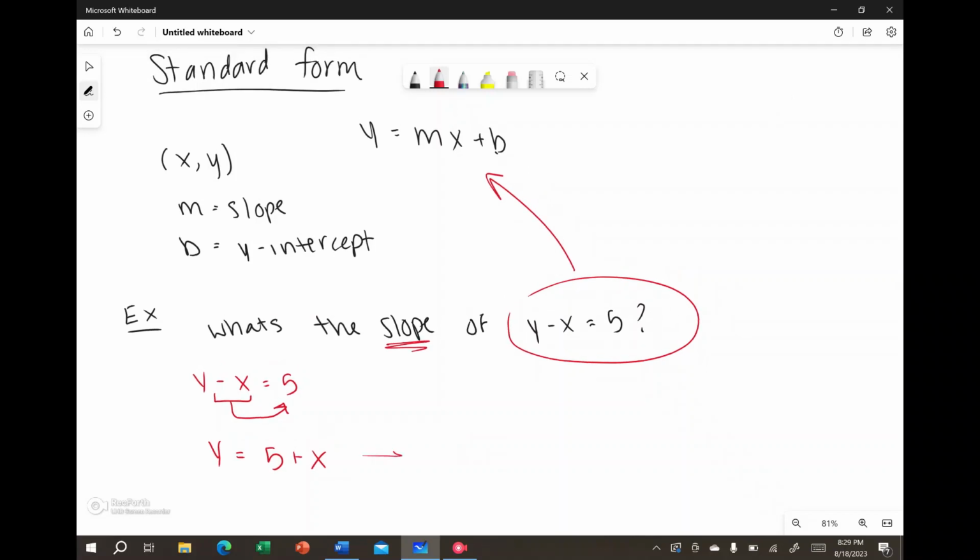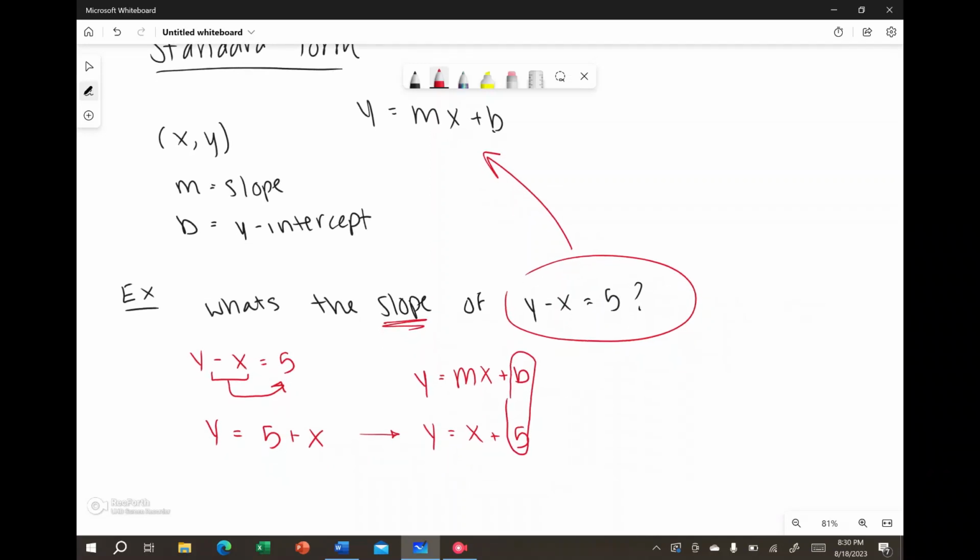Now we just need to rearrange the right side to be y equals x plus 5. And now this is in standard form, where 5 is the y-intercept, the variable b. And then we have m, where there's an imaginary 1 in front of the x. Just because it's not shown doesn't mean it's not there. So that means our slope for this equation is 1.